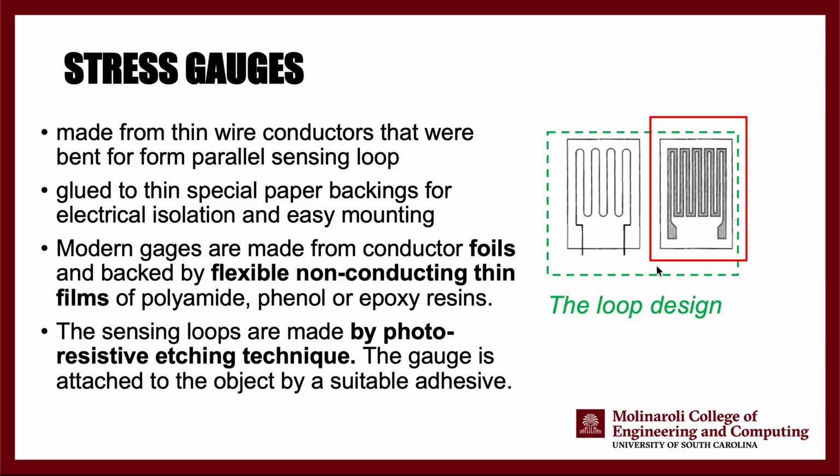And again, as the deformation happens, these wires are going to stretch, get closer to each other, or get further away from each other, and that is going to change the current and the resistance of this loop, which eventually is going to change the voltage that you are going to measure.